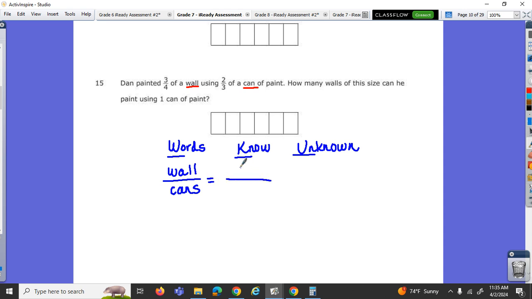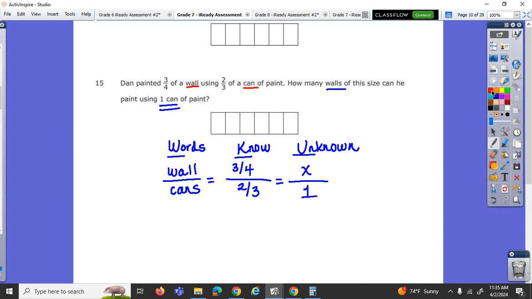Okay, we know that Dan can paint 3/4 of the wall using 2/3 of a can of paint. Okay, what we don't know is how many walls, that's our X, we can cover with 1 can. So that 1 will have to be our denominator.